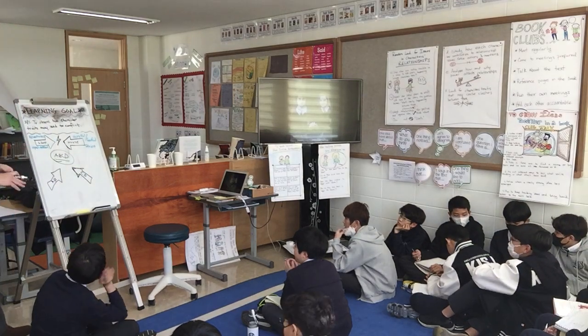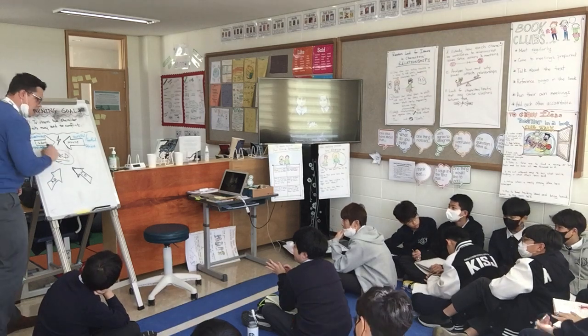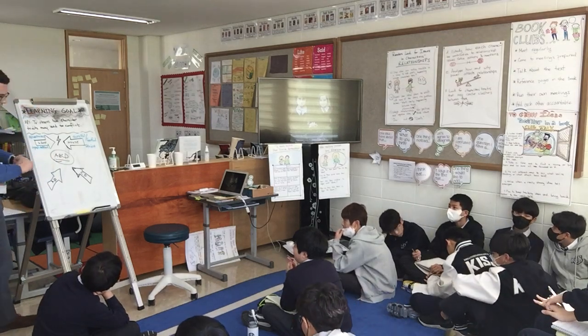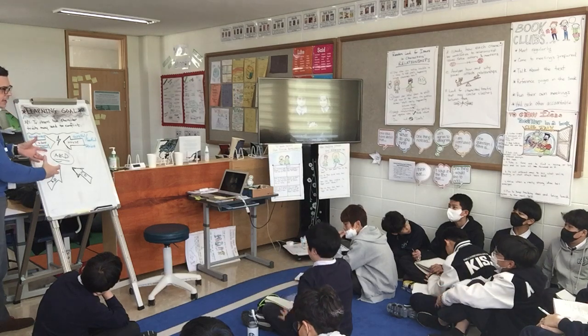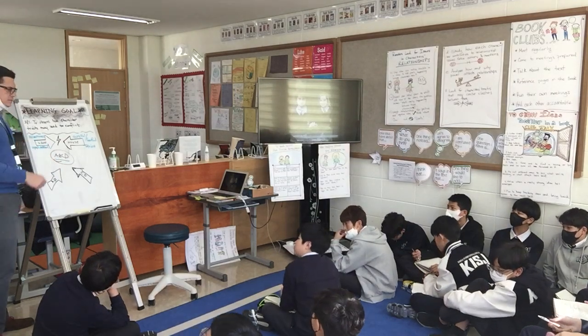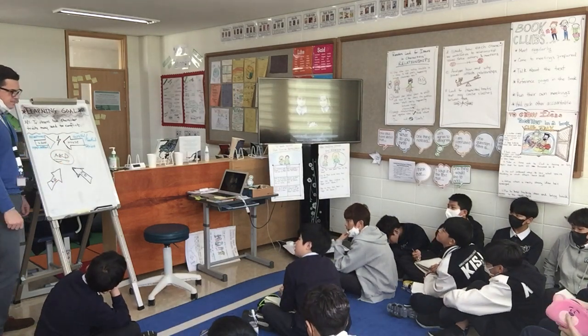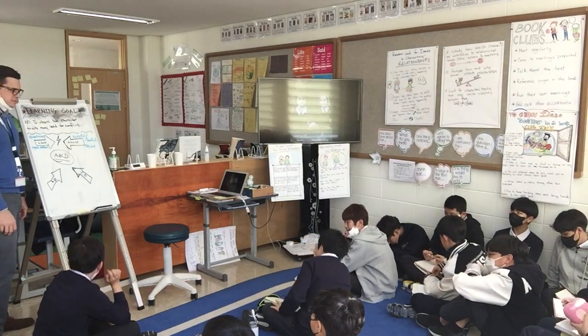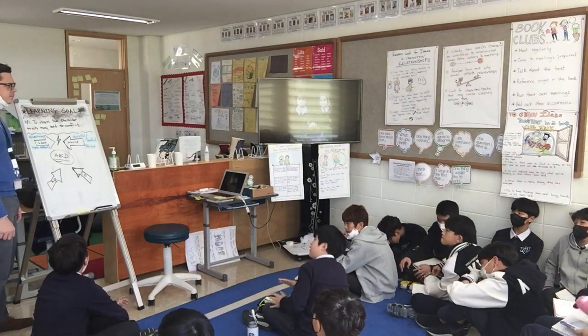They have different traits. Okay, there's some conflict, but combined, they make something that is more powerful than either one of them on their own. Right? They're a good team.